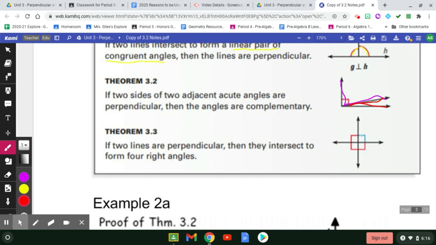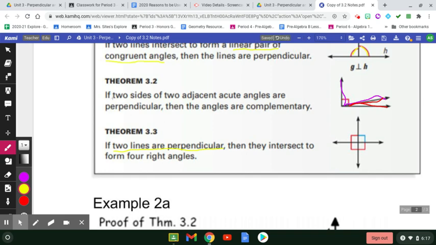So we have the blue angle, and then the other three red angles that are given to you as well. But again, you have to read what's given to you to understand if you can use it. You have to have stated that two lines are perpendicular to be able to use theorem 3.3.